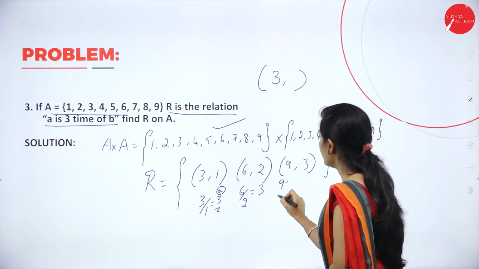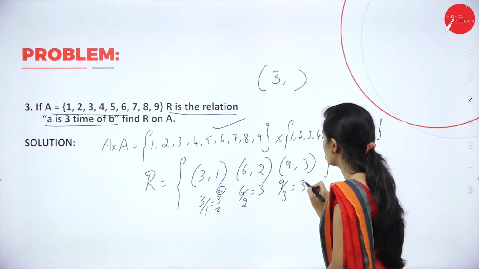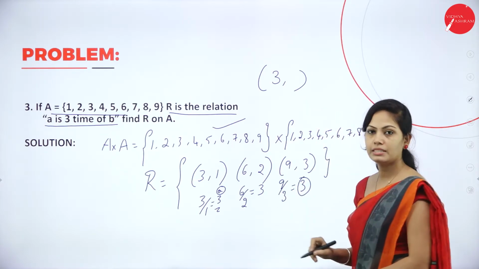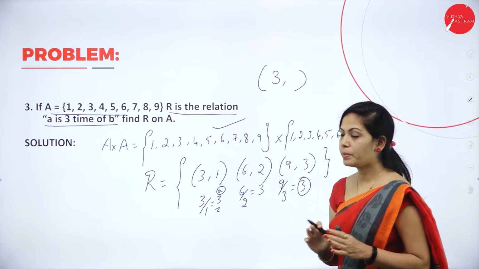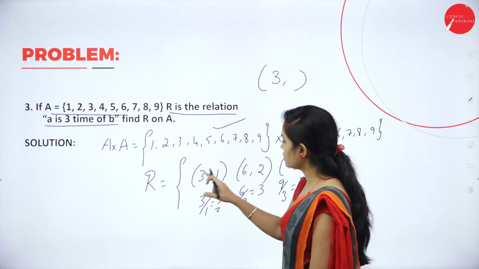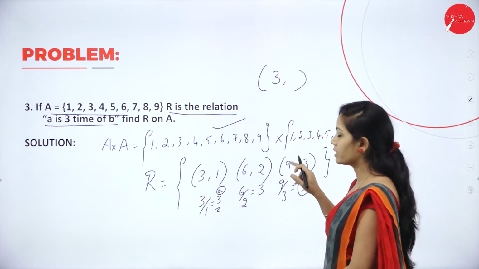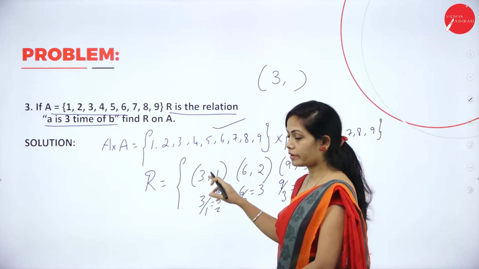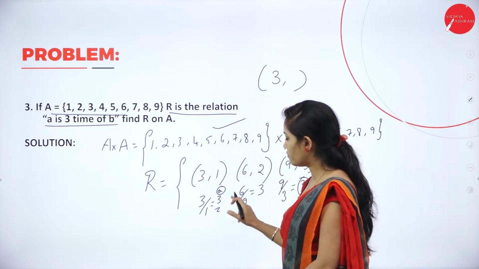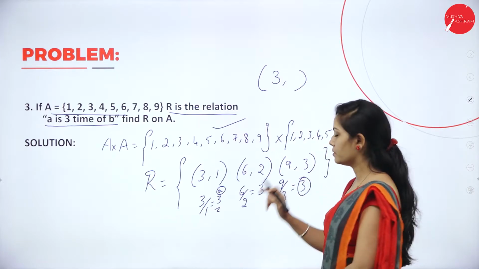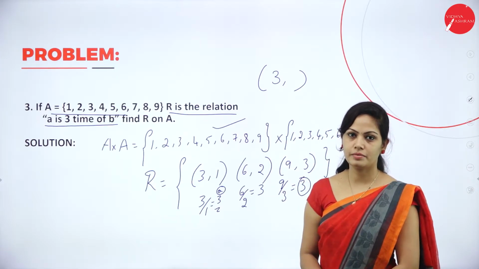And 9 divided by 3, you will get 3. So A value is 3. So this is your relation. I'll repeat. Here I have written (3,1), (6,2) and (9,3). So I divide this A value by B value, and again I get the value 3, 3, 3. So this is your relation.